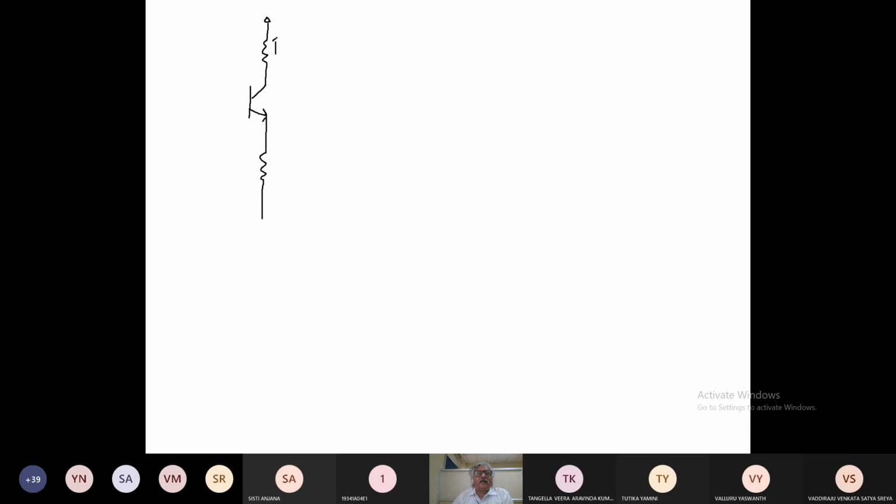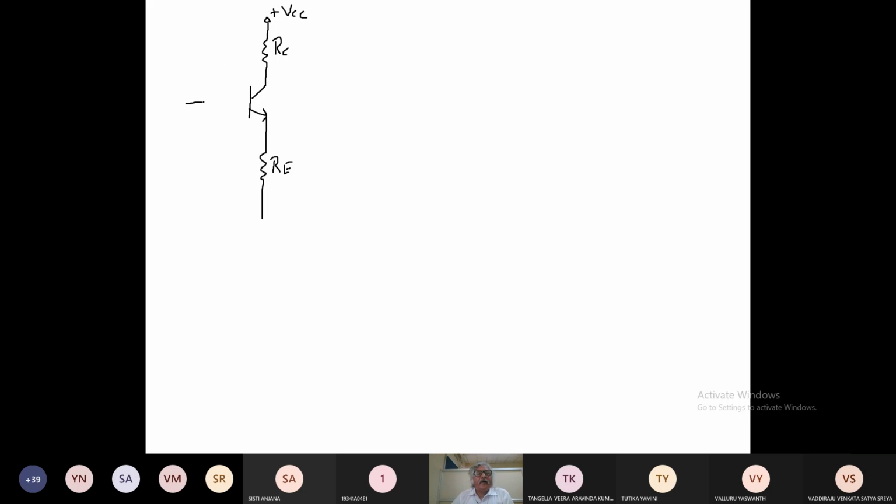Here this is RC, the resistor connected to the collector. This is RE, the resistor connected to the emitter, and here there is plus VCC.